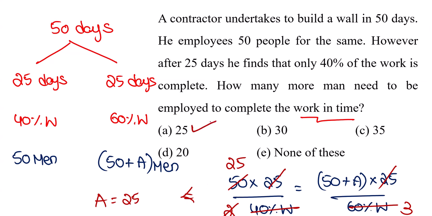Or else some of you can understand it easily. See, here timing is constant. 40 to 60 means 50% extra. More work, more people required. When timing is constant, more work, more people. No need of all this formula also. If you have some common sense, 40 becomes 60 means 50% increase.